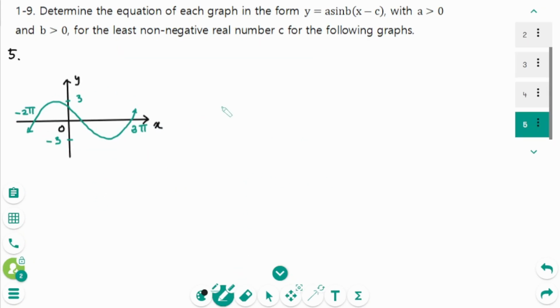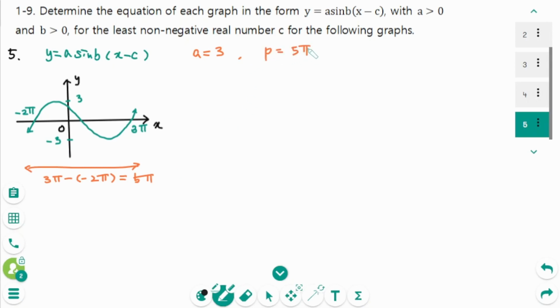Question 5. This is y equals a sine b x minus c form. The amplitude is 3, so a equals 3. The period is 3 pi minus negative 2 pi, then 5 pi, so p equals 5 pi.